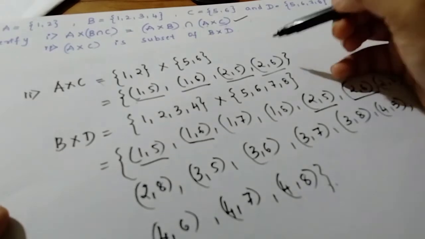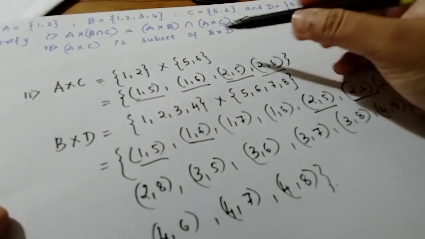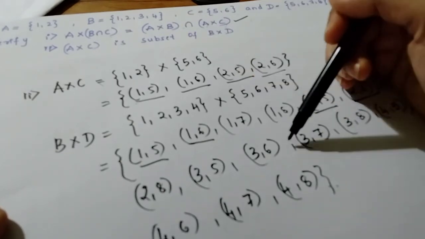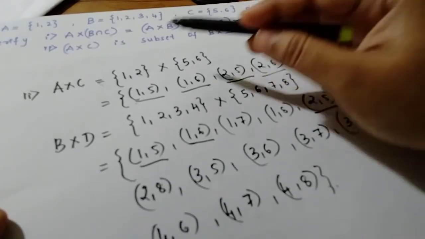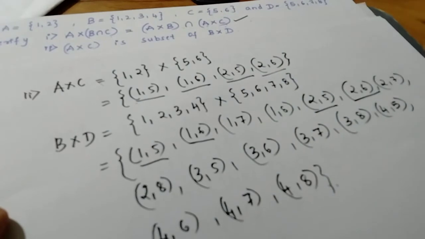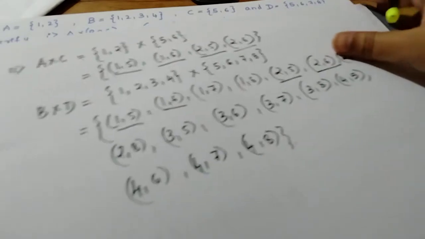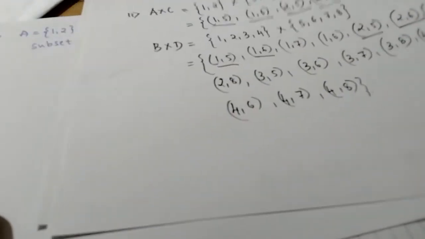Subset. Here also every ordered pair in A cross C is present in B cross D. Therefore, A cross C is a subset of B cross D. Okay. So these were the two examples which I had given you as homework.